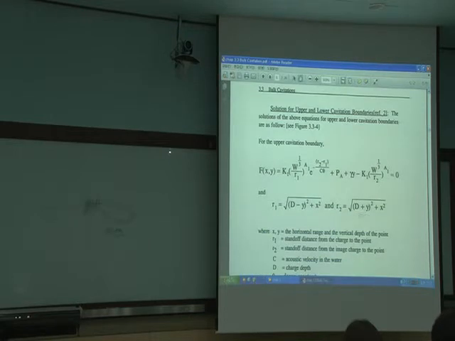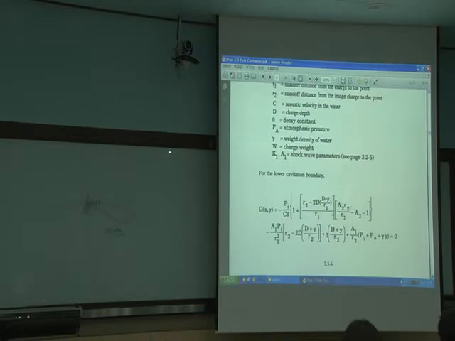This is for the upper cavitation boundary. Then if you go through the calculation, this G function has to be equal to 0 right at the lower cavitation boundary.